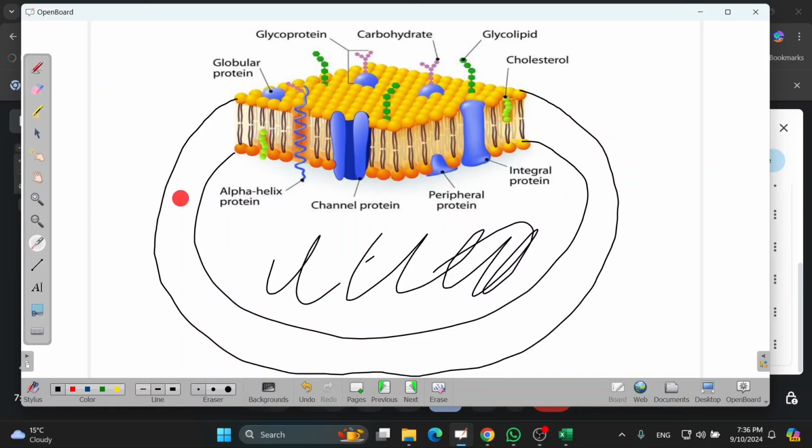So the cell membrane is made up of two layers of fat, fatty acids, cholesterol, you see. So the outermost part is fat and the inner part is also fatty material, right? And then we have some proteins here and there. There are some proteins on the membrane.